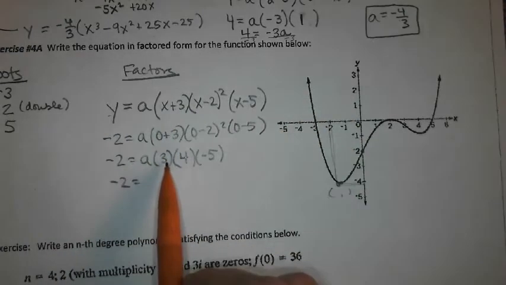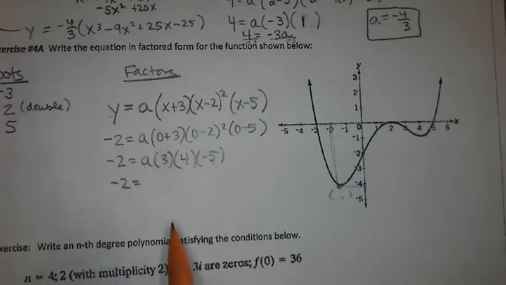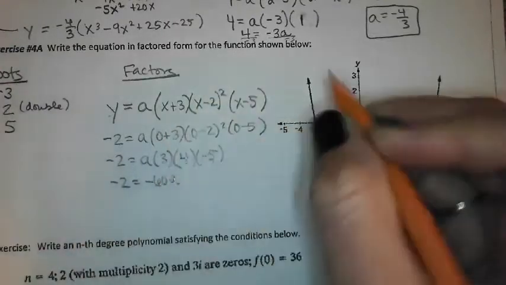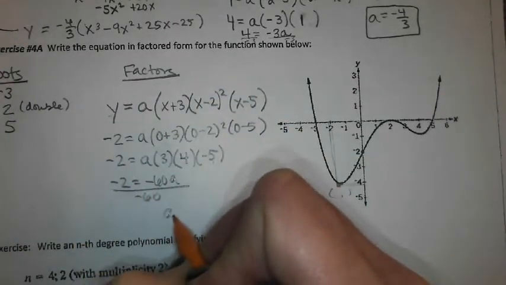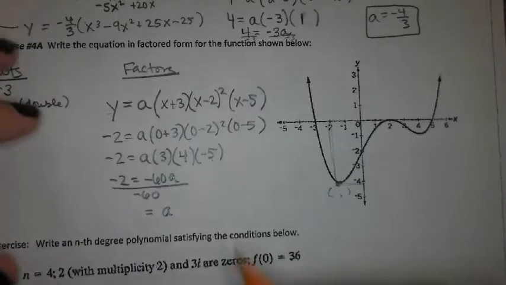A, 3 times 4 times -5 is -60, yes? 12, okay, so -60A. So what is A in simplest form? 1 over 30, good.